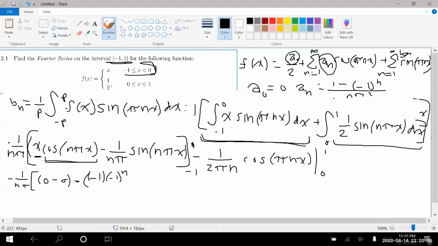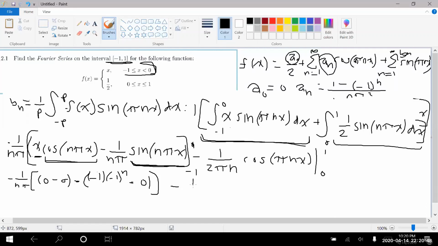And when we evaluate our sine term over here, since it's just going to end up as n times pi, that is also going to go to 0. So you should end up for your b sub n, well, the first part anyway, with something that looks like this. And don't forget about what you have going on over here.